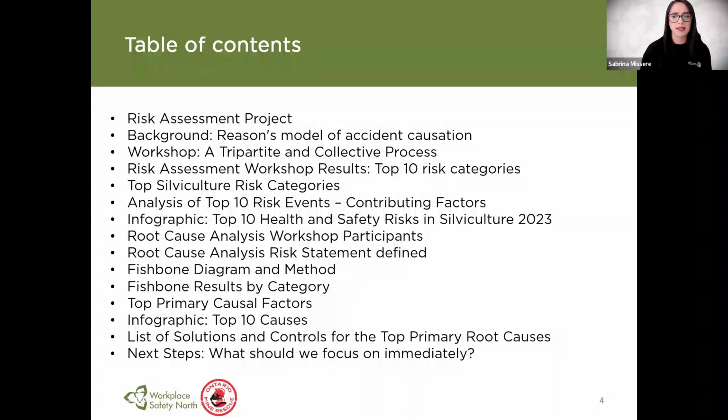And then this is going to lead us into our top 10 primary causal factors that were voted on and curated into a separate infographic for the sector. And lastly, we are going to touch on a second root cause analysis that was conducted as a result of a lot of discussion with those involved, and then the next steps to support the sector moving forward.